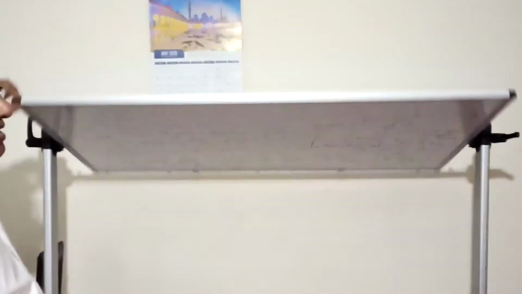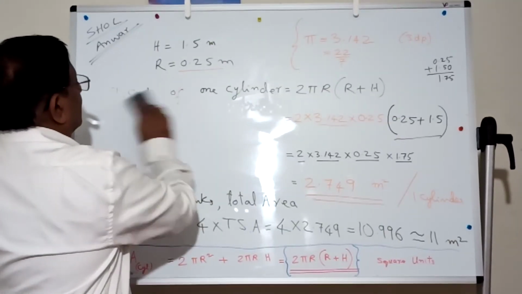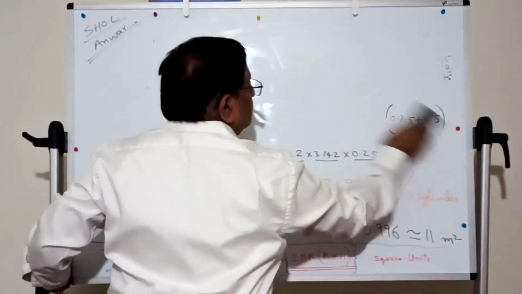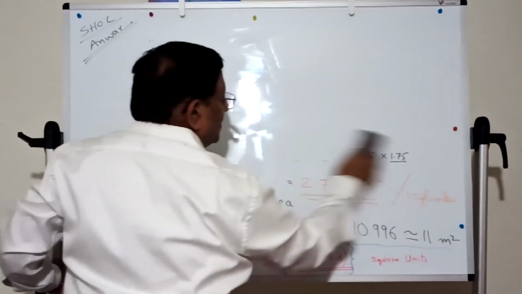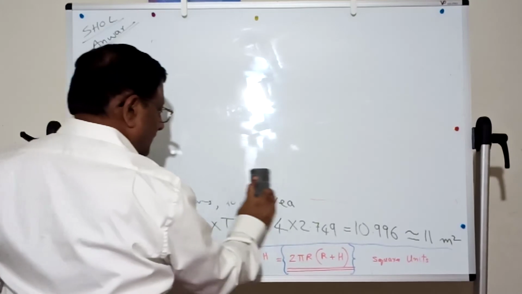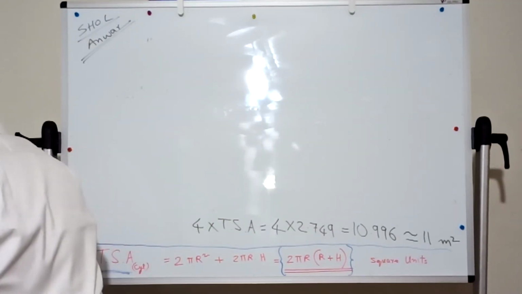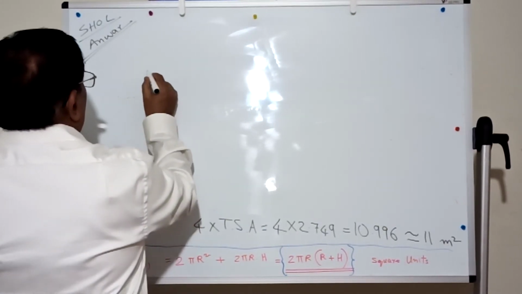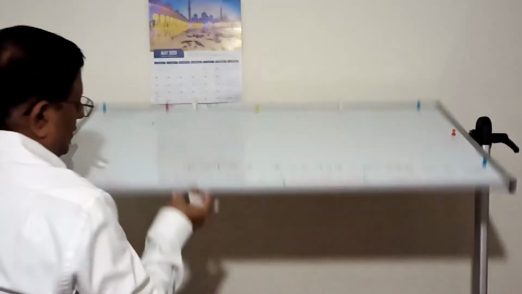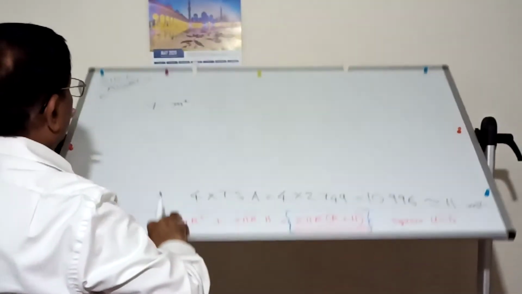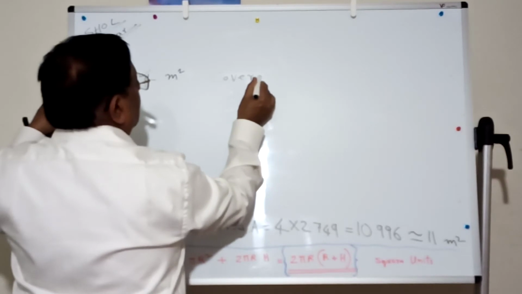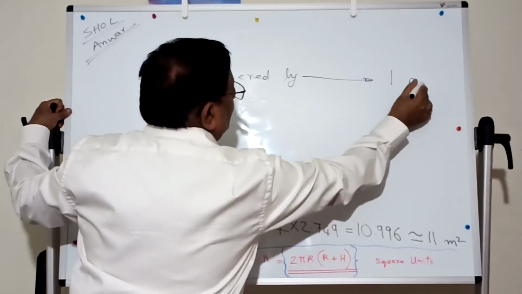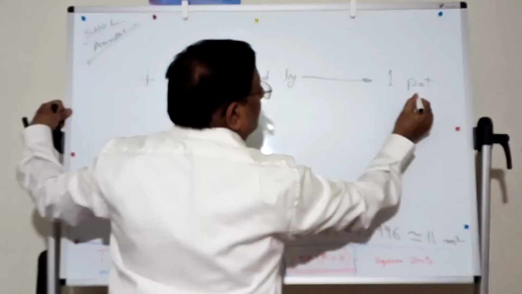So we can write the proportion statement. 4 square meters is covered by one pot of paint. So the proportion formula is needed, and we will use that here.